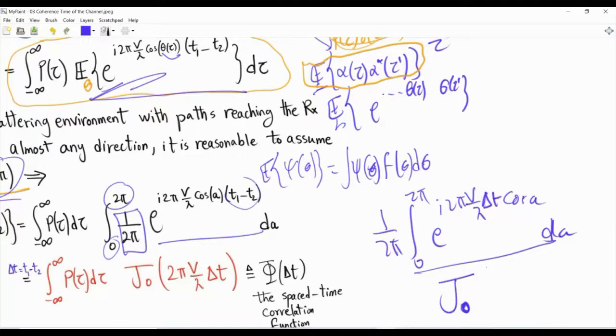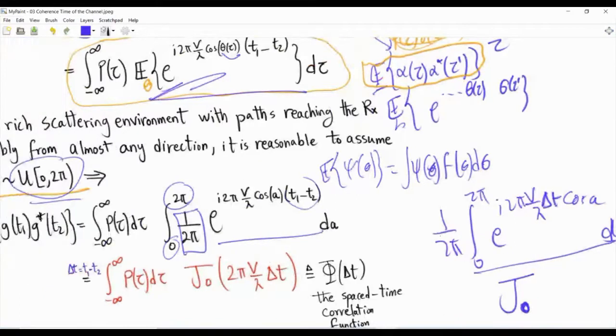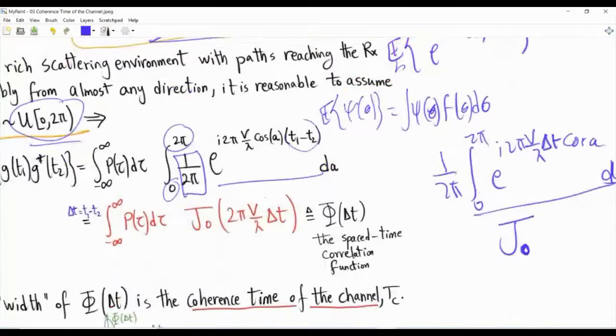It's a very useful function, and it appears in several places in communications, propagation, physics, many places. The best that we can do for this integral is to represent it using the standard Bessel function, J of 0, and now this is our correlation.